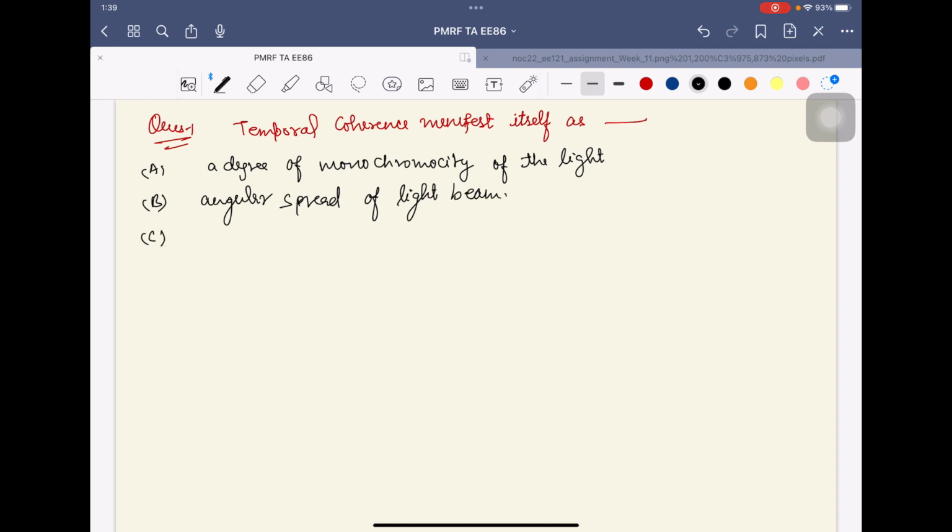Similarly, C is the fluctuation in the photon number due to the discrete nature of photons.